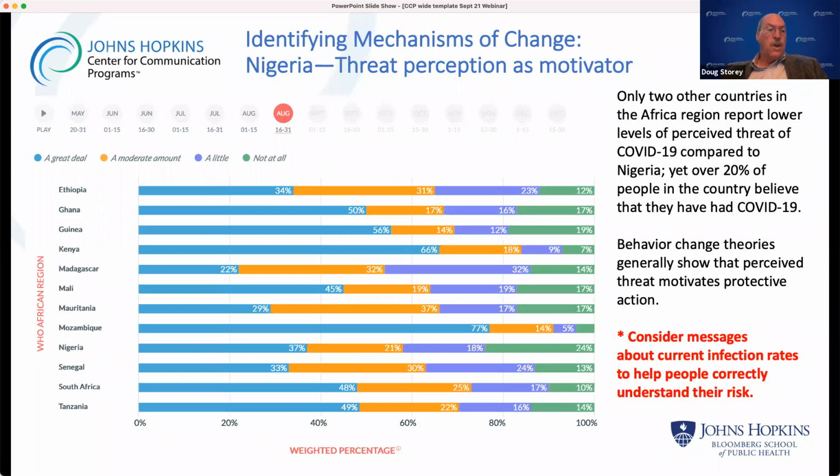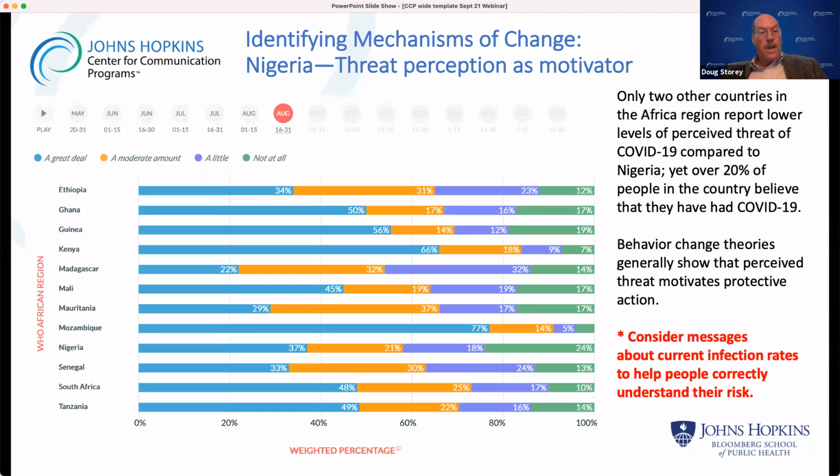And if you look at Nigeria, which is about 2/3 down on this list, on the far left, you see Nigeria there. Thank you, Marcella. And we look at the percent who say that they have a great deal or a moderate amount of concern. That's the blue and the orange lines. You can see that there are only 2 other countries in the African region who report lower levels of perceived threat of COVID-19 compared to Nigeria.